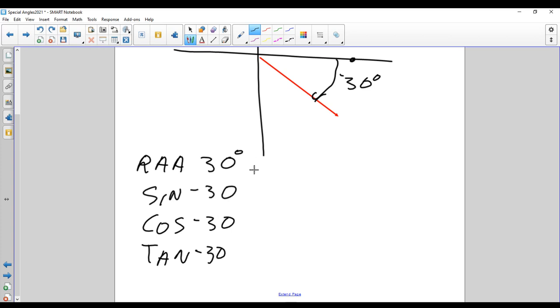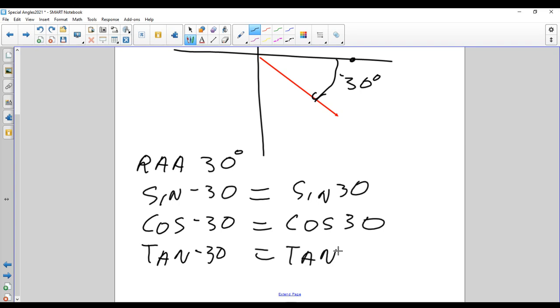In every case, it's going to be the same as the sine of 30, the cosine of 30, and the tangent of 30, but we may have to change some signs based on the quadrant that we're in. Which of these will be negative? Which of these will be positive?